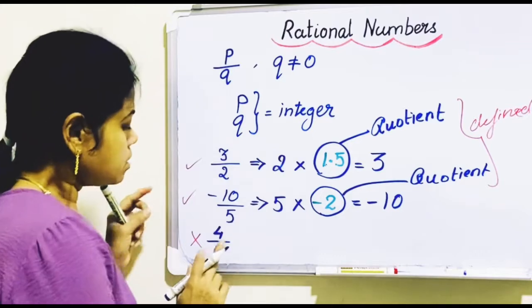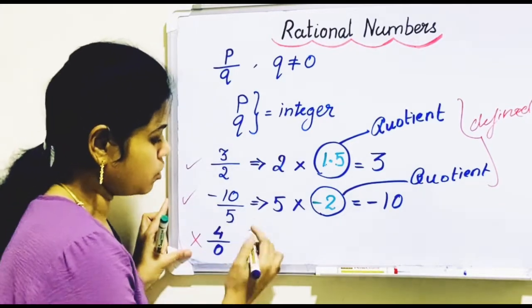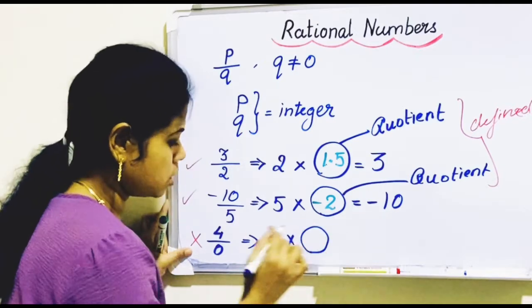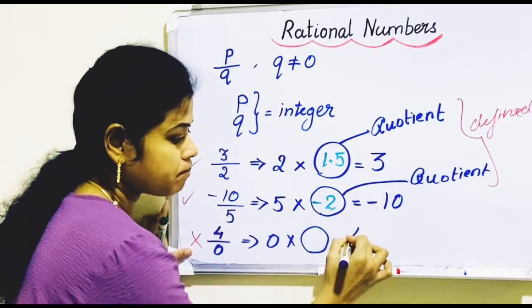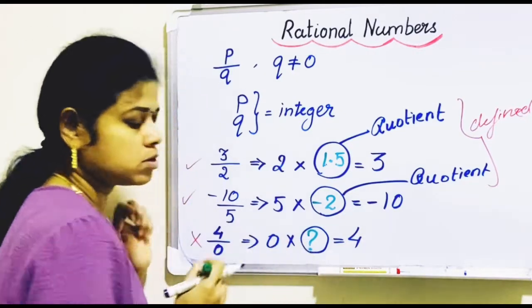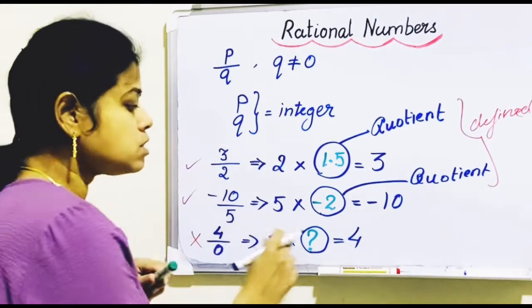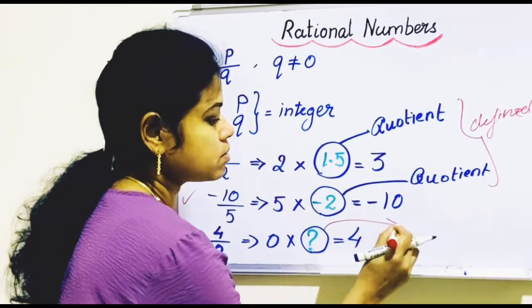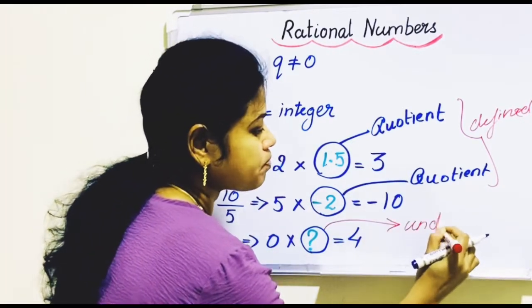See, if you take this one, 4 upon 0, here 0 multiplied by what gives you 4? Can you say that? This is undefined. You can't say what it is.